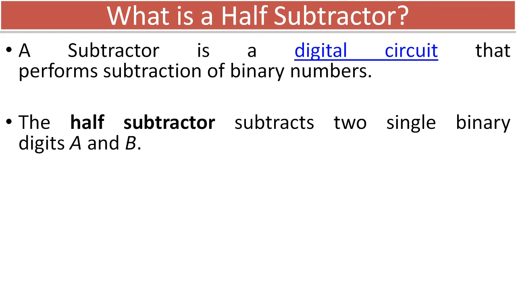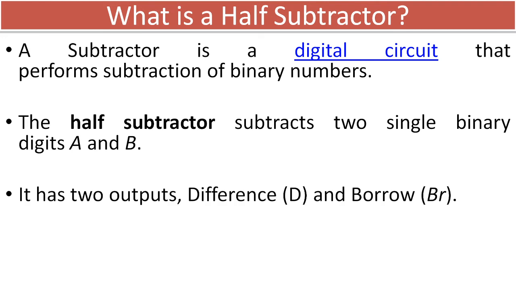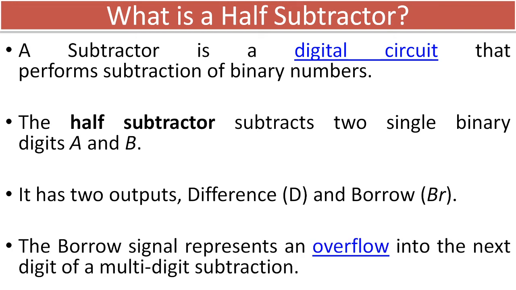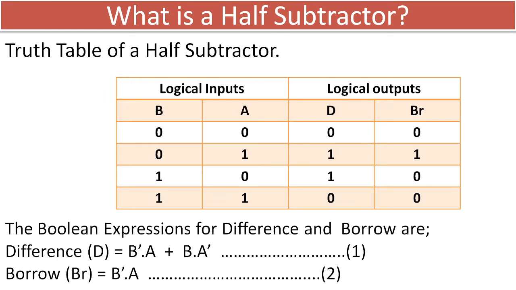Now first of all, the subtractor again is having two binary digits A and B, and it has again two outputs. One is called the difference, the other one is called the borrow. Now borrow signal represents again an overflow into the next digit of a multi-digit subtraction. Now if we compare with the half adder, in this case the difference output, which is given here as D, is exactly the same as sum, which is 0 1 1 0, and the borrow output is the only change that we can see from the half adder.